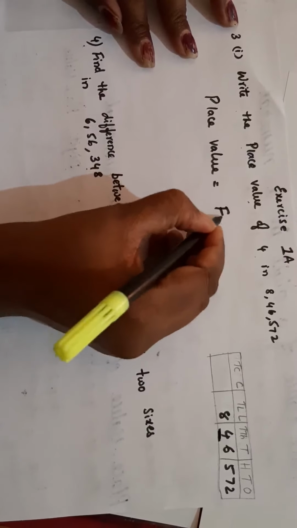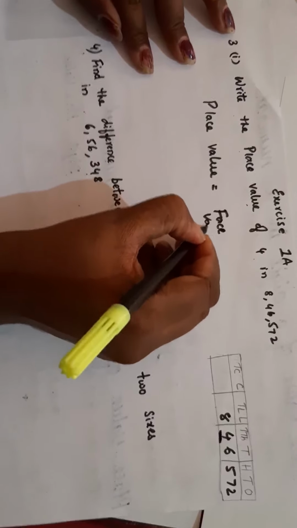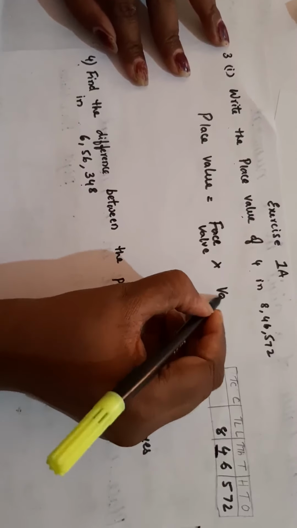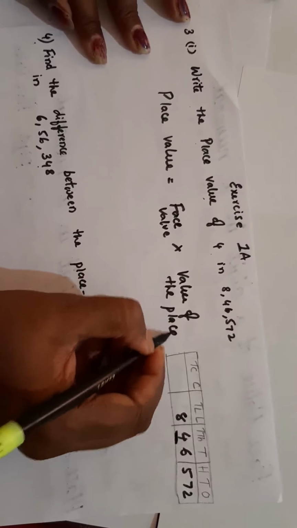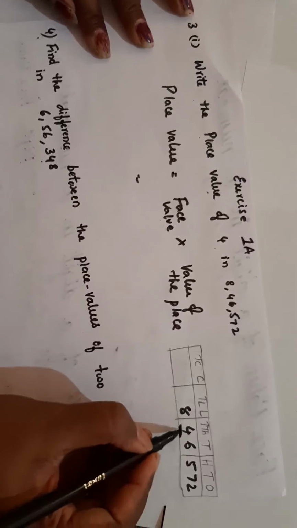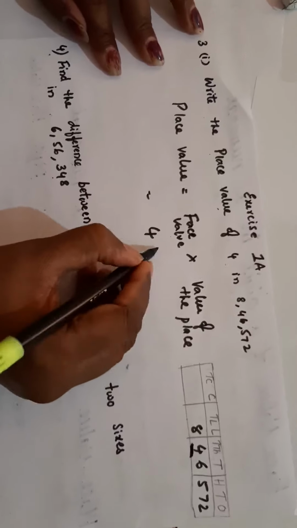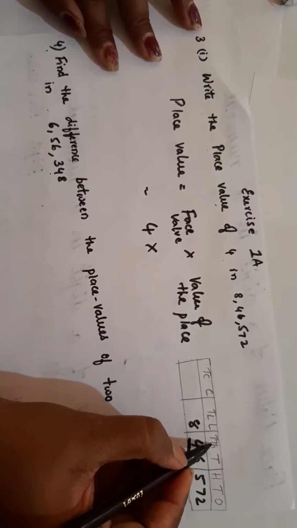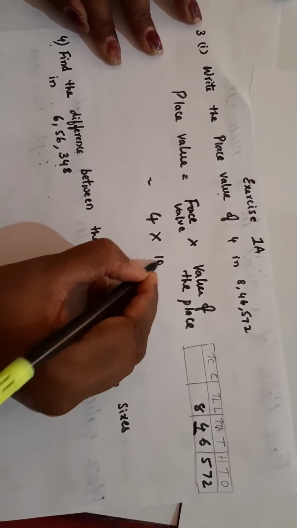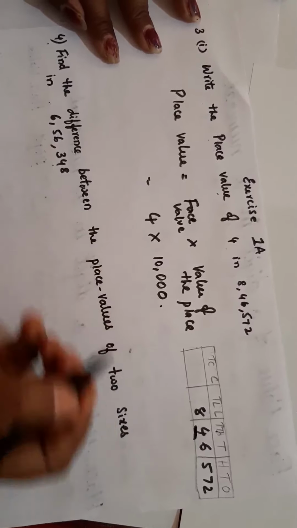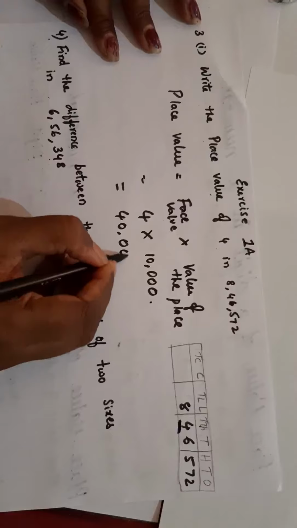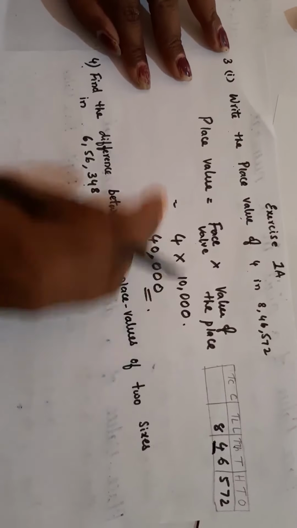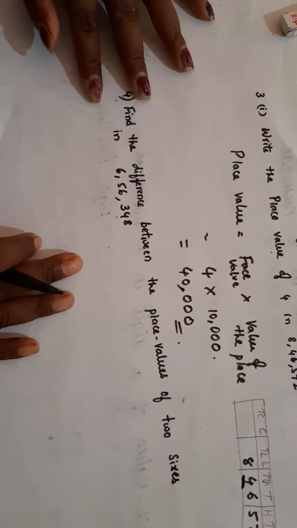Face value into value of the place. What is the face value of 4? 4 itself, into the value of the place, which is 10,000. So 4 into 10,000, 40,000 is the place value of the 4.